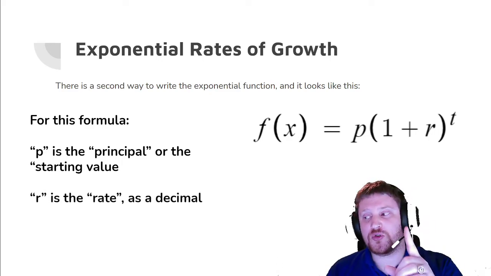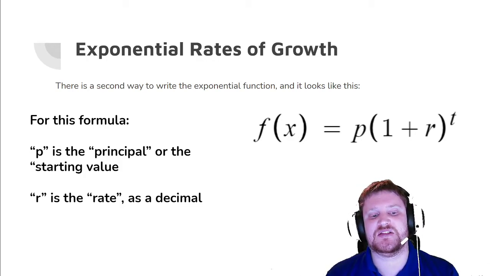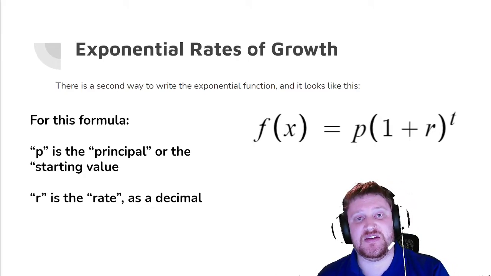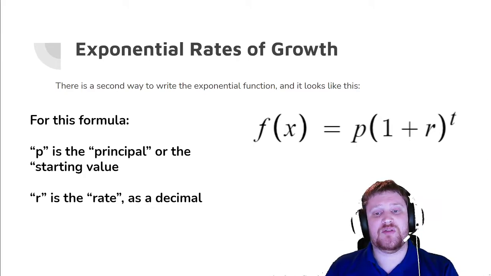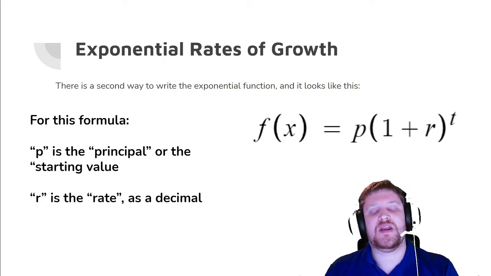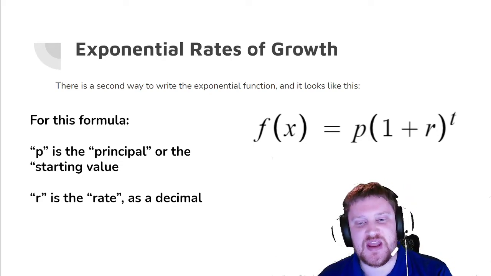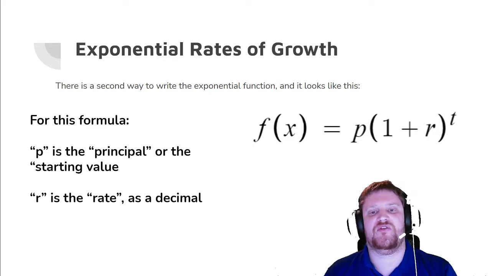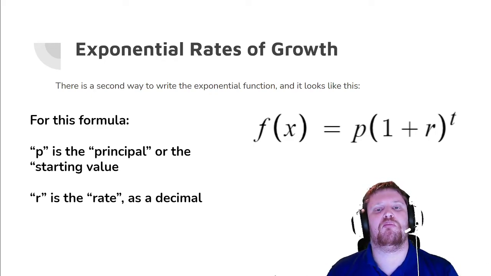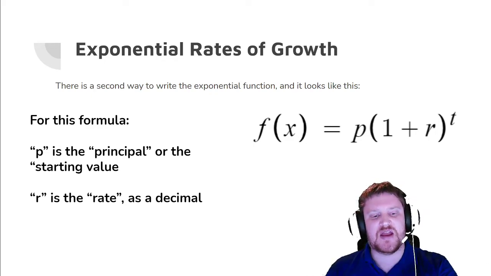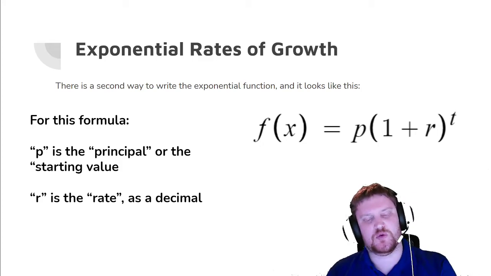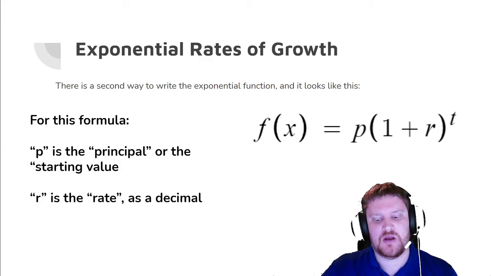Now they're almost always going to give you the rate as a percentage, but in this formula you have to plug it in as a decimal. So if they say growing at a rate of 15%, you don't put 15 in for R, you put 0.15. You divide by 100. Move the decimal place to the left twice.